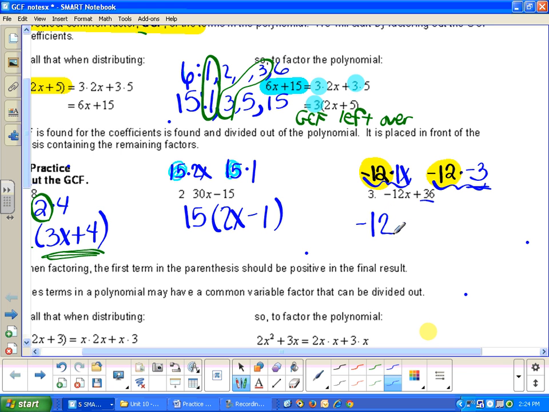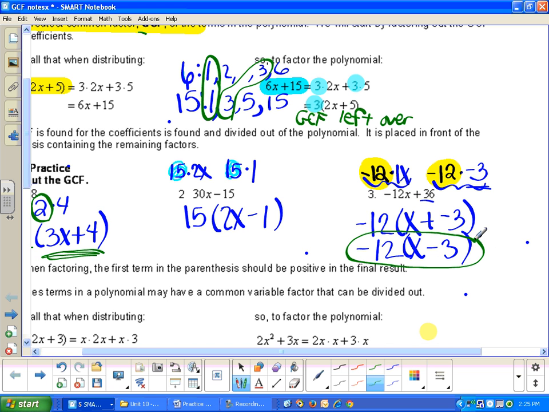Let our common term out front. Give x either plus a negative 3, or more commonly, x minus 3. And if we double check, just like we did before, you multiply a negative and anything in parentheses, it's going to change your sign. So negative times positive is negative 12x. Negative times negative is going to be positive 36.